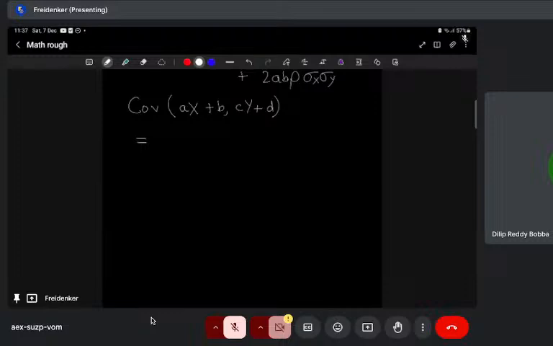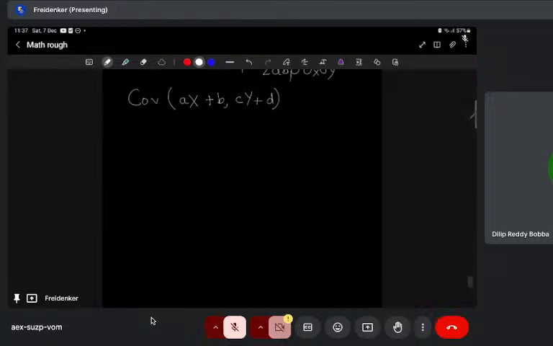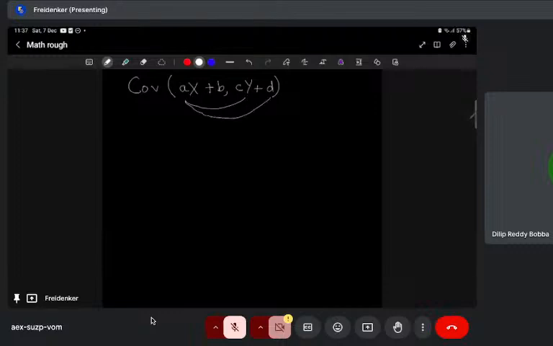I'll just show you something. However you want to make sense of it, you make sense of it. So I will just do this ax and this one. So this is nothing but, how do I write this? Okay, fine. I will write it, but however you want to make sense of it, you make sense of it.